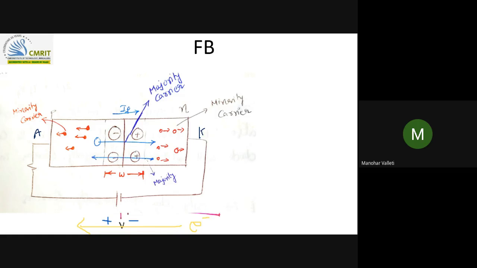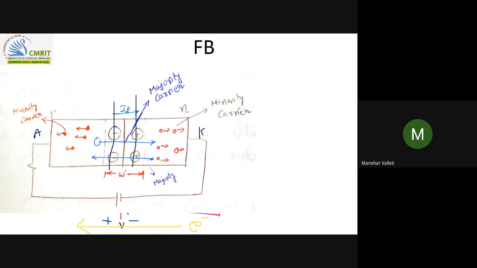So now in this condition, what happens, as you keep further and further increasing the external voltage, this will reduce the barrier potential. The external applied voltage will reduce the barrier potential.